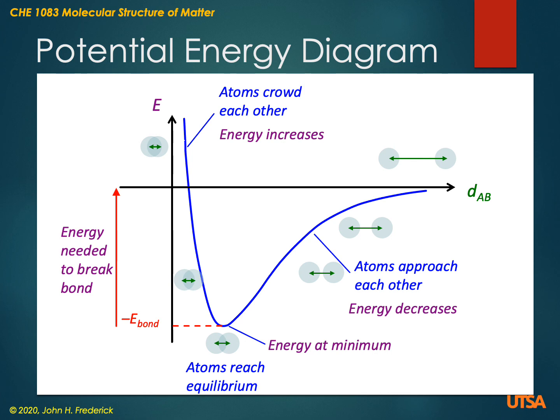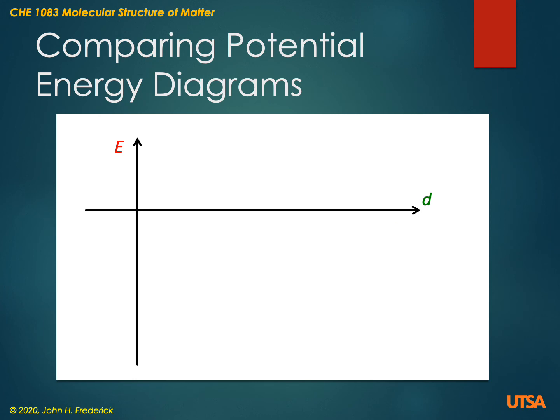So now we have a concept of how much energy it takes to break a bond. And it always is energy that has to be added to the bond to make it break. We can also see that the location of that minimum describes the equilibrium bond length, that is, the bond length of that bond that's formed. That's where those atoms like to be when they form that bond, that distance apart.